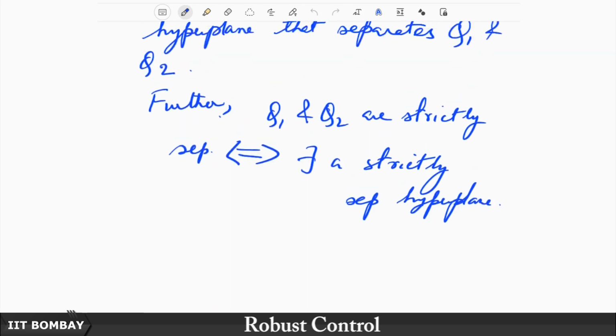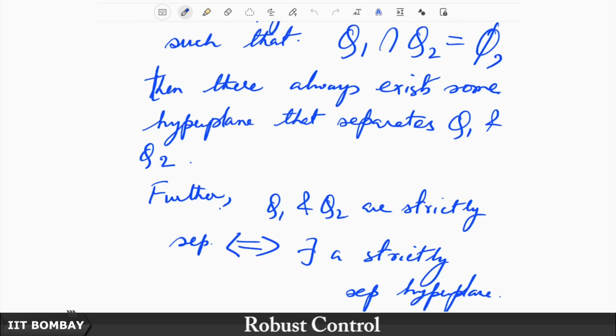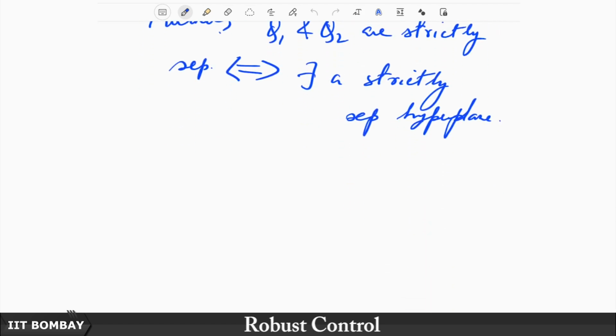Now that we have seen the relation between these hyperplanes and the way in which they help us in separating convex sets that are disjoint, let us take some examples. Examples of what, you might ask? Well, we will take examples of hyperplanes. What sort of hyperplanes are we talking about?